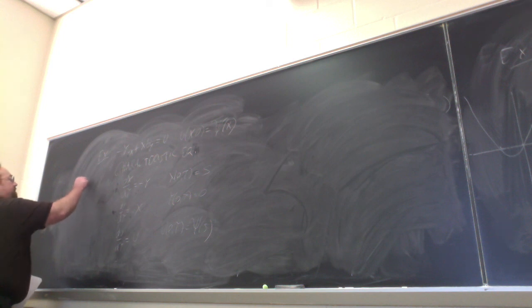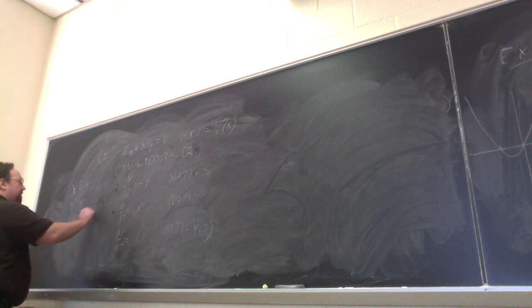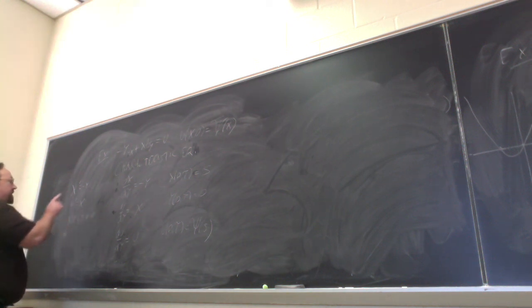So x prime is equal to minus y, y prime is equal to x, and also initial conditions: x of 0 is equal to s, y of 0 is equal to 0. If you differentiate this equation, you get x double prime is equal to minus y prime, so it's actually going to be equal to minus x.